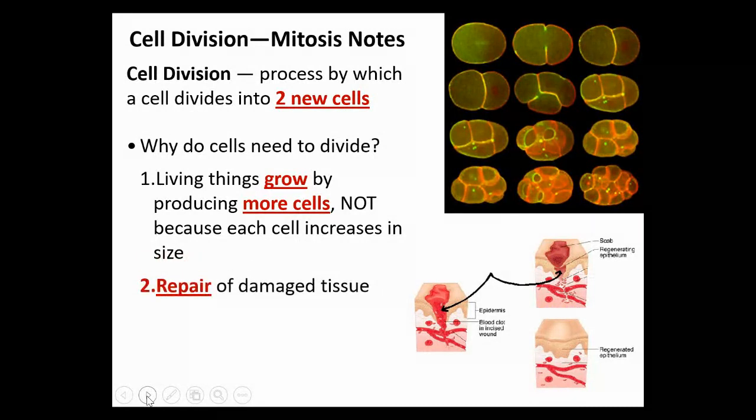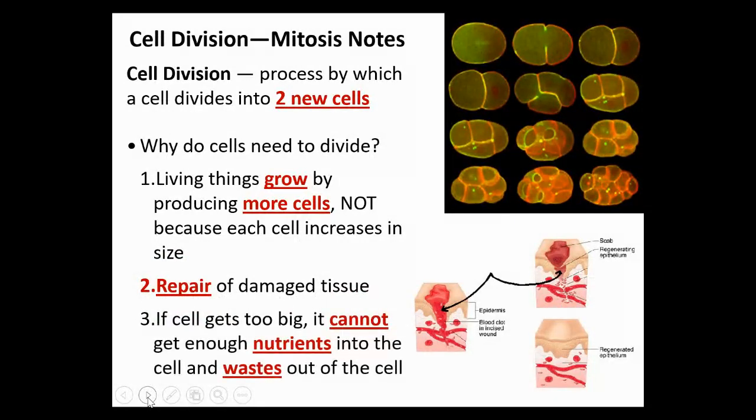Two, to repair damaged tissue. And three, if the cell gets too big, it cannot get enough nutrients into the cell and waste out of the cell. Okay? So those three things are very important: growth, repair, and just the fact that we need new cells.